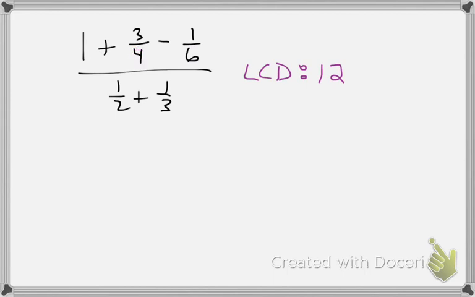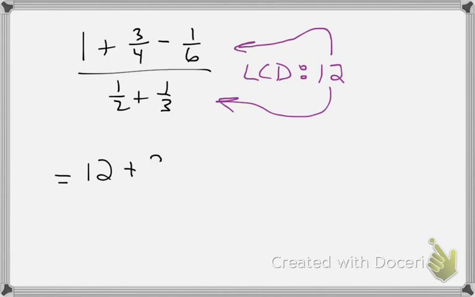And then what do I do with that LCD? Multiply it through the top of the main fraction bar and multiply it through the bottom of the main fraction bar. So if I multiply 12 in through the top, what do I get? 12 times 1, 12. Plus, wouldn't the 4 reduce 12 to 3?